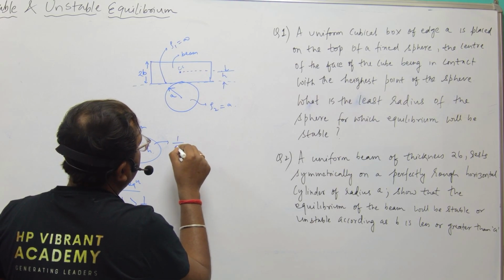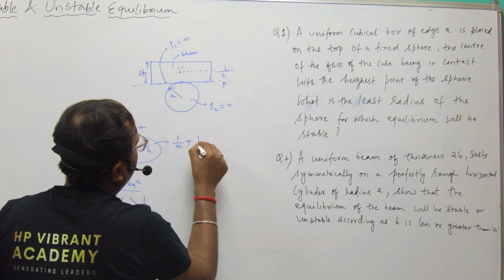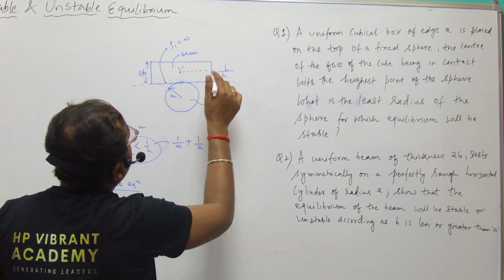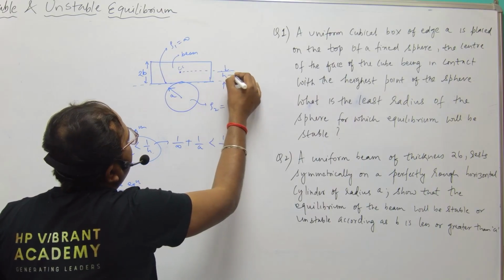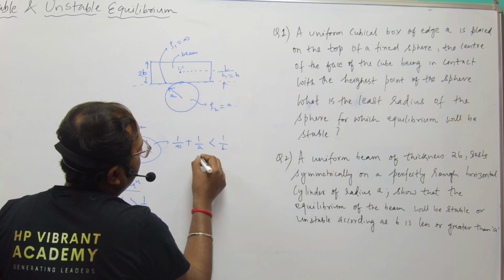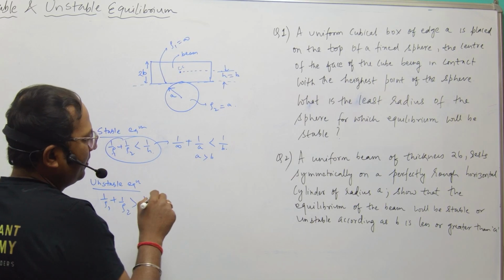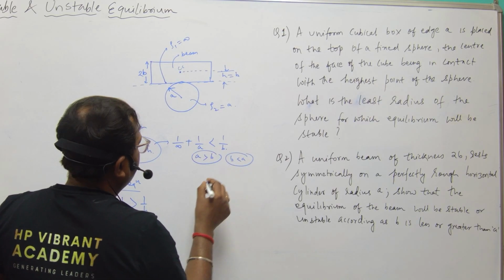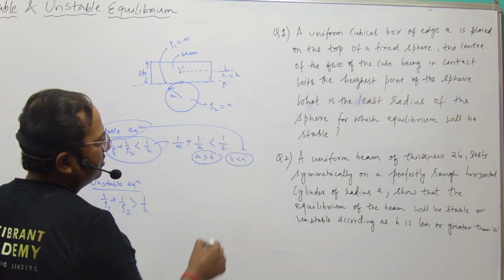Rho 1 is infinity and rho 2 is a, so 1 upon a is less than 1 upon h. Since the thickness is 2b, half of this is b, so the value of h is b. So from here a is greater than b, so b is less than a. So for a stable equilibrium the condition is b is less than a.